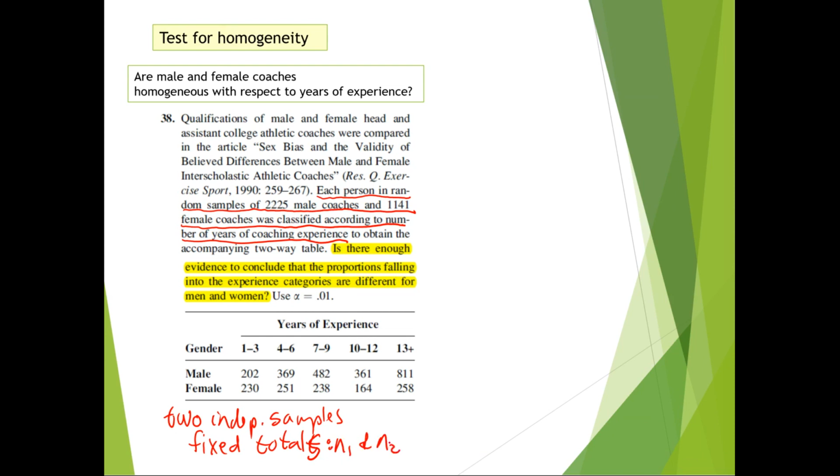The total for row 1 and the total for row 2. The total for male was 2225 male coaches and for female 1141 female coaches. And now you answer the question, is this distribution over years of experience the same for male and female coaches?